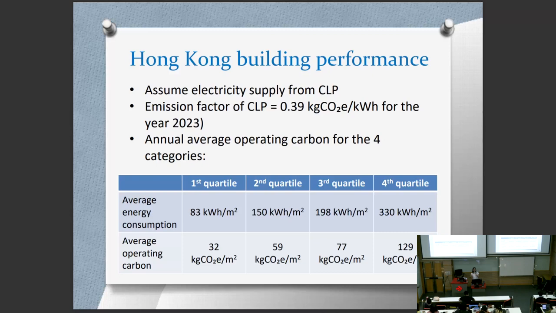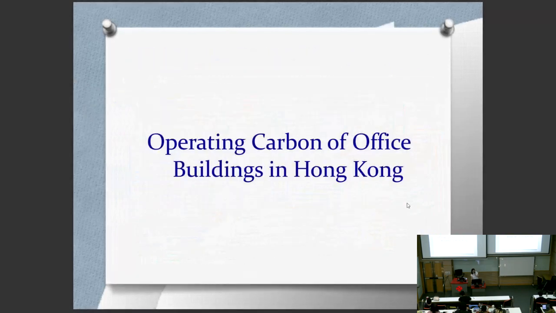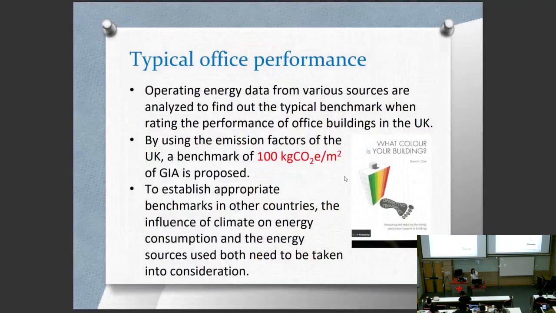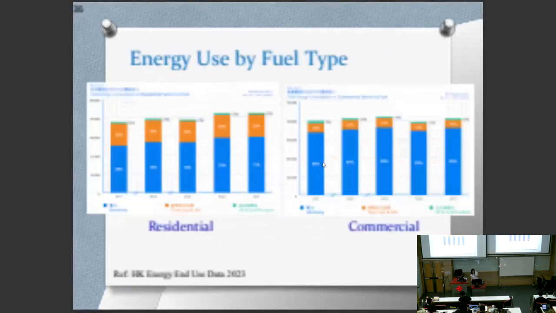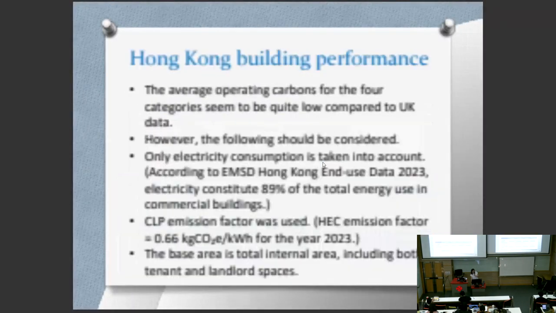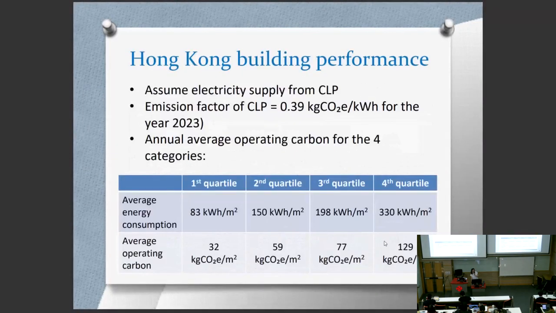So for the benchmark in the UK, they use 100, right? The author proposed the value of 100 kg of carbon dioxide equivalent. And then according to the benchmark in Hong Kong, 100 will be somewhere between the third quartile and the fourth quartile. So it seems that for Hong Kong, the buildings have low carbon emissions.